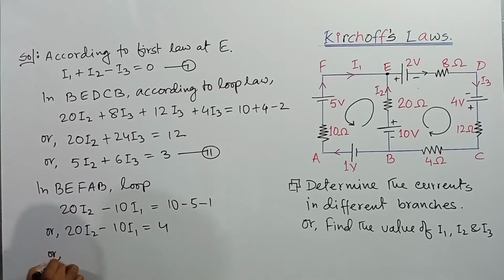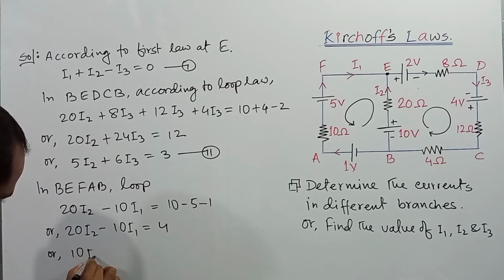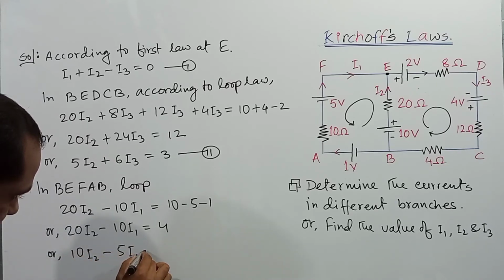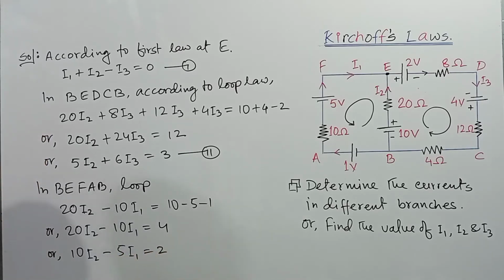Or after simplification, if we divide the equation by 2, you will get 10 I2 minus 5 I1 equal to 2. Now we are going to use the value of I1 from equation 1.